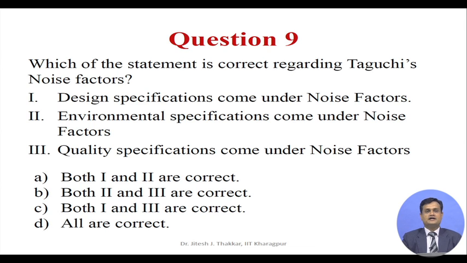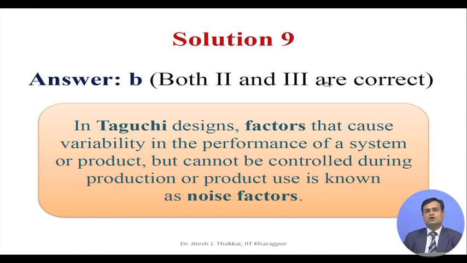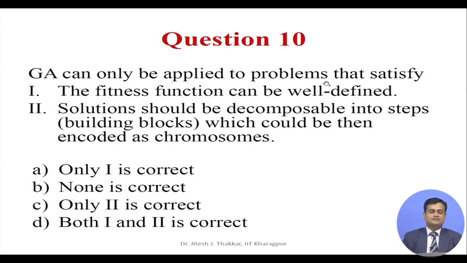Both 1 and 3 are correct. And D, all are correct. So, the correct answer is B, both 2 and 3 are correct. In Taguchi design, factors that cause variability in the performance of a system or product but cannot be controlled during the production or product use is known as the noise factor.